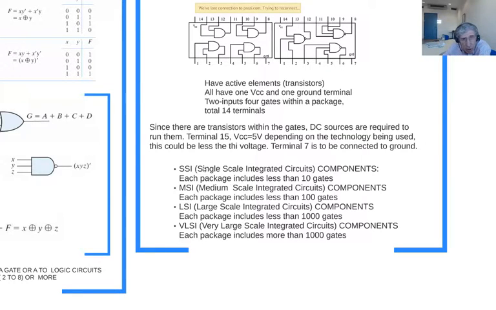We are going to see some of these, not VLSI, but SSI, MSI, and LSI integrated circuits in this course. An example of VLSI is microcontroller type elements. We are not going to see those in this course. That is going to be microprocessors as a separate course.